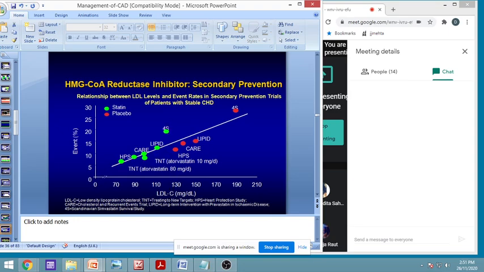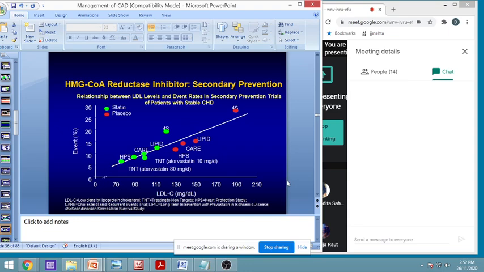That means here lipid levels were controlled because of these drugs, and because of that the event level was also controlled, while here the event rates are comparatively more, and these are red dots where they were on placebo and there were high levels of lipids, LDL or cholesterol.